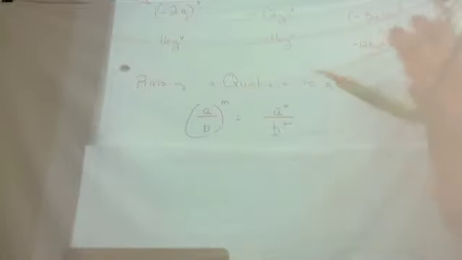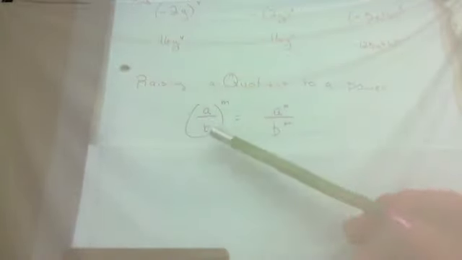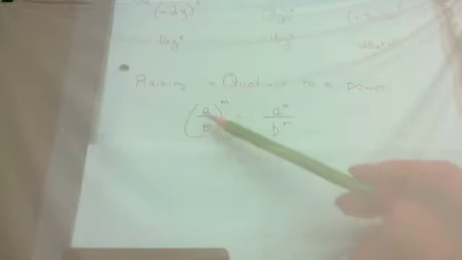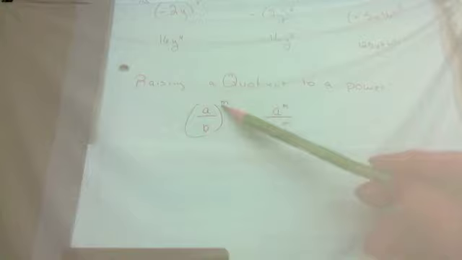Okay, good. Now we're going to talk about raising a quotient to a power. Raising a quotient to a power is just like raising a product to a power, so it's not very complicated. The rule is, if I have two numbers being divided, a divided by b, and it's all raised to the m power, because I have it all in parentheses, this whole thing is raised to the m power.